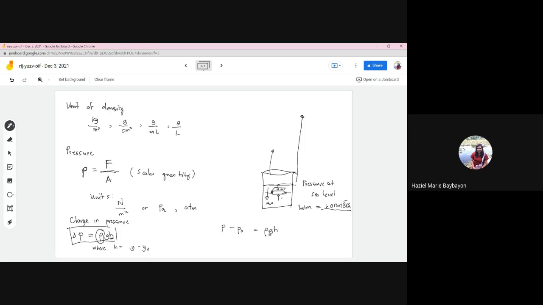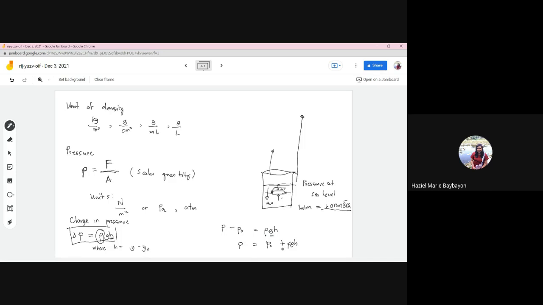G here is the same G that we used since unit 2. It is equal to 9.8 meters per second squared, the acceleration due to gravity. So we have P equals P naught plus rho GH.